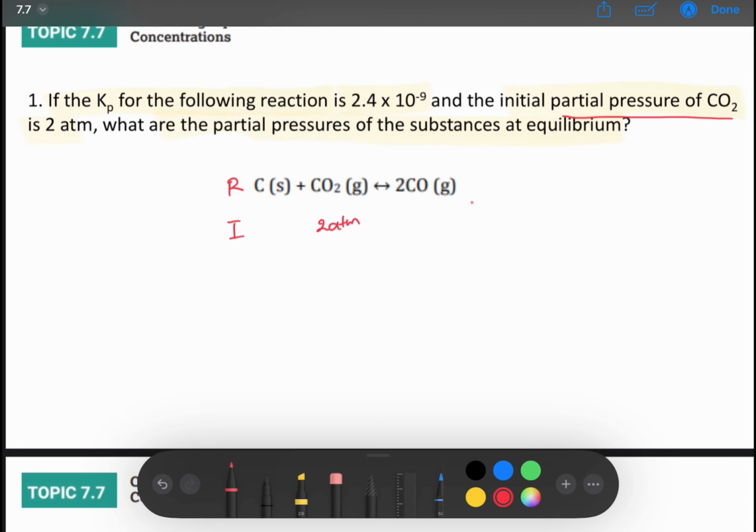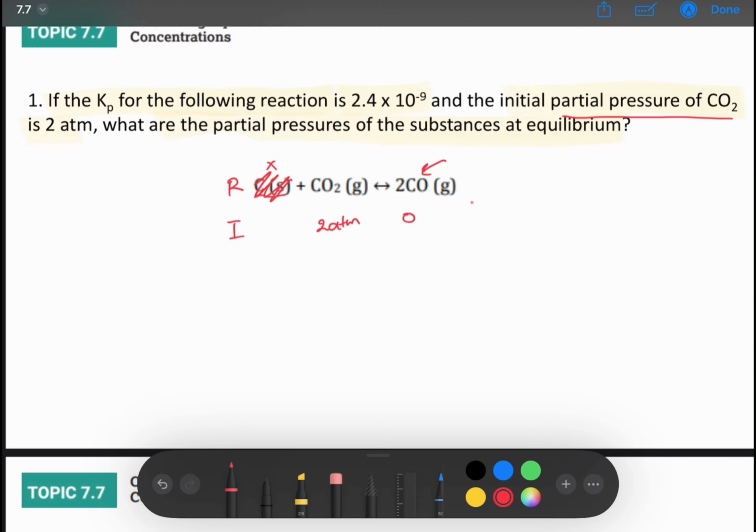And since we have a solid species, we don't care about it, because the expressions of Kc and Kp do not include solids. At initial time, since we have only CO2, there will be no pressure of carbon monoxide, CO, so it's going to be 0.